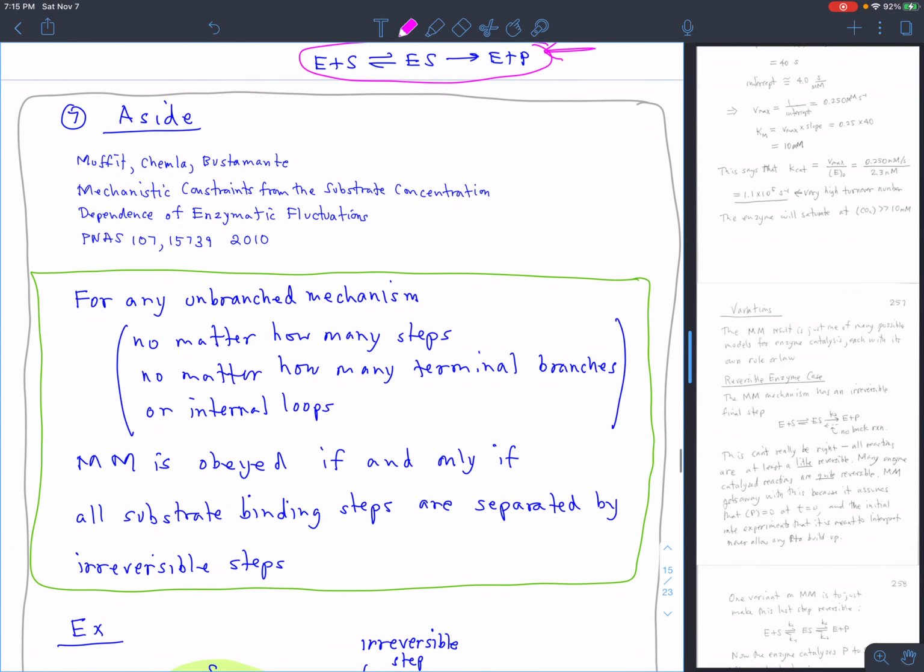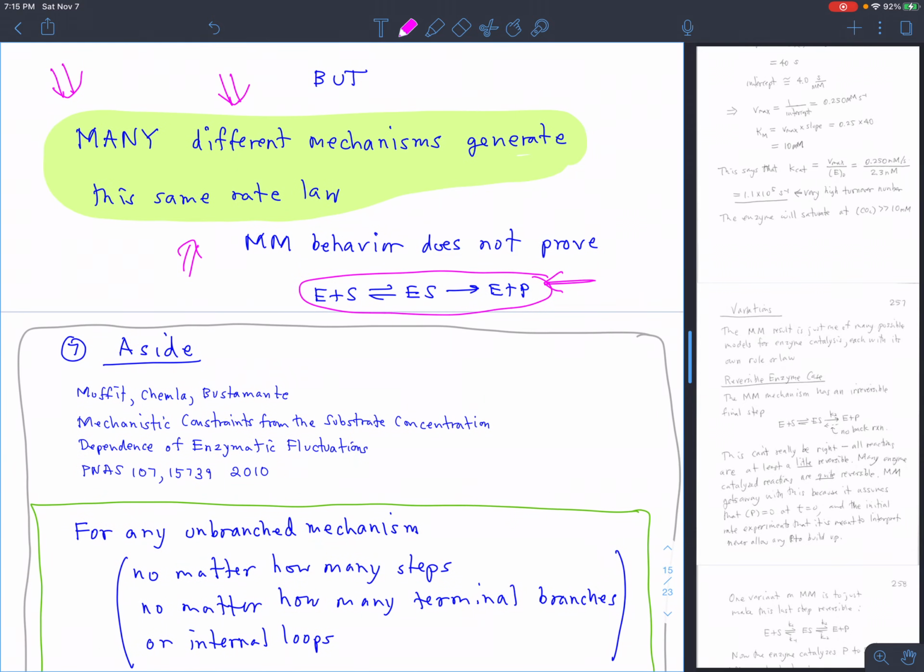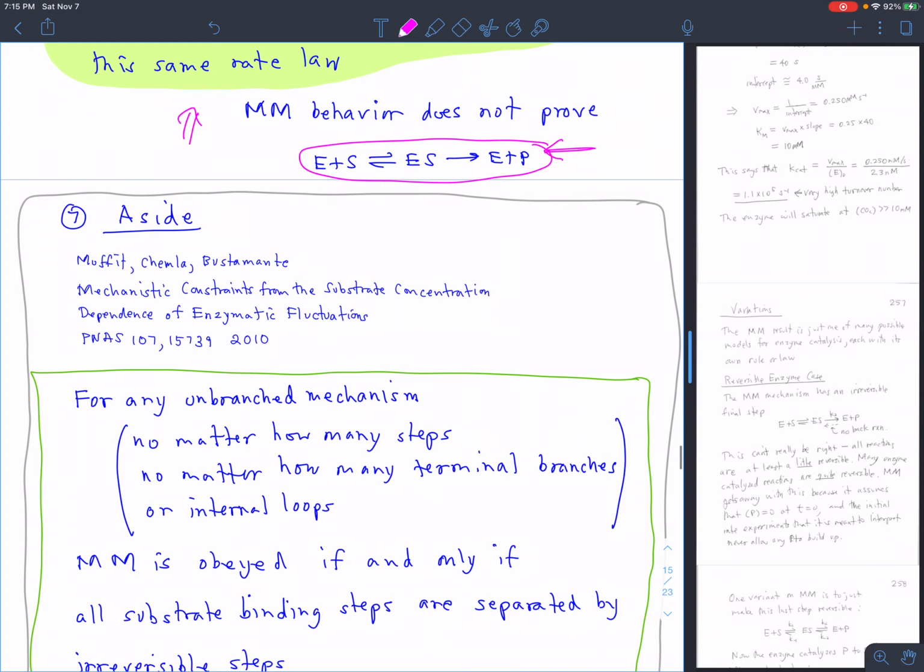I put a longer aside here on this point, because I have some relationship to the people who did this work, and it's relatively recent, 10 years old. This was done by a couple of theorists working for a close collaborator of mine.